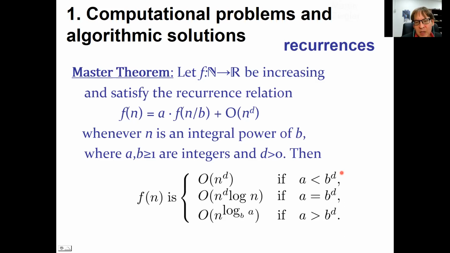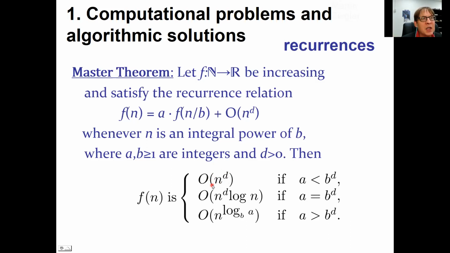And here's the answer to the asymptotic growth. And actually, there are three cases. Well, we would kind of expect that depending on the value of the parameters. So the first case is if A is strictly less than B to the D, then the asymptotic growth of the solution is like n to the D. And the actual value of A and B does not matter.